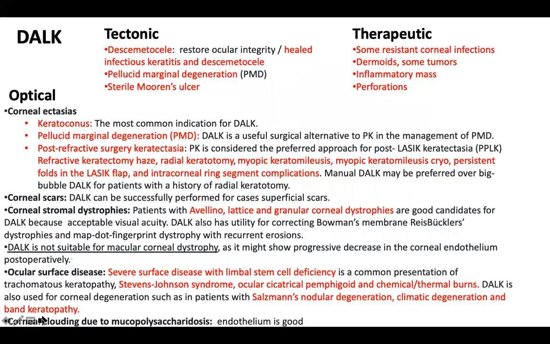This deep anterior lamellar keratoplasty, the main concept is that we have a corneal lesion, but the endothelium is healthy and good. I wanted to keep it. So if we have descemetocele, if we have Mooren ulcer, if we have some superficial corneal infection, any superficial lesion.